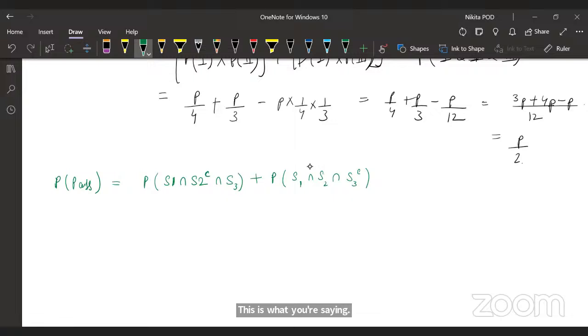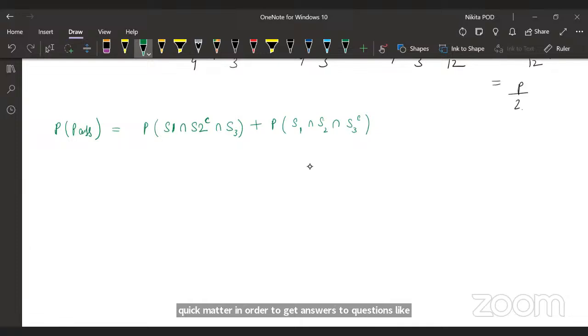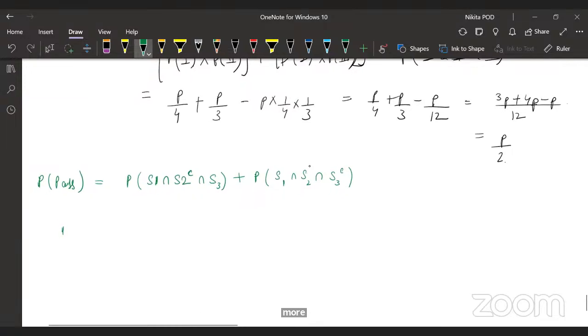Okay, so what is the rationale, ma'am? Why should it work like that? I didn't understand. It's a common method, if you solve these questions very frequently, you will get it. This is also a quick method to get answers to questions like these. So S1 intersection S2, S3.